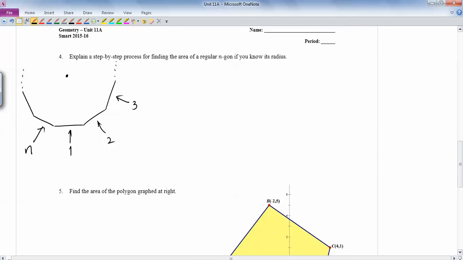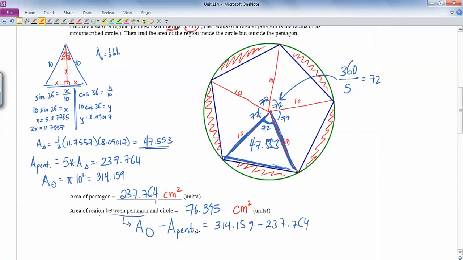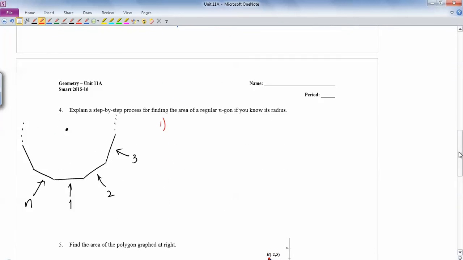Okay, so let's say here's the center. So the first thing that we did in the previous problem for finding the area was we drew in all these radii and we sliced it up into 5 triangles because it had 5 sides. So in this one, we're going to cut the polygon into a bunch of triangles.